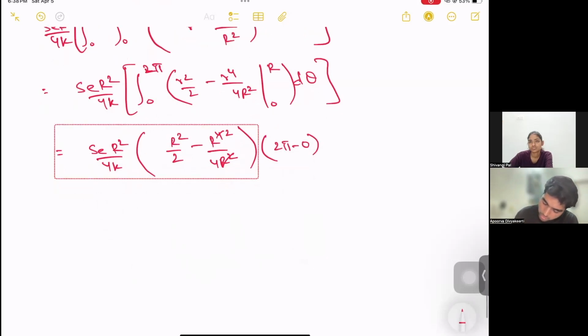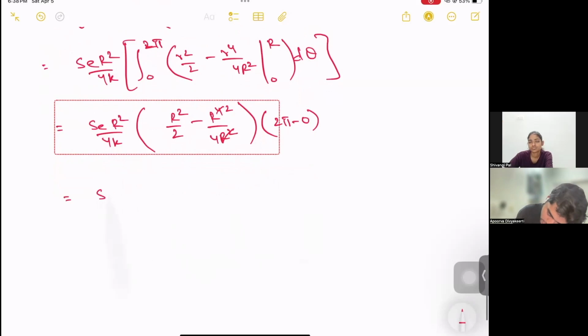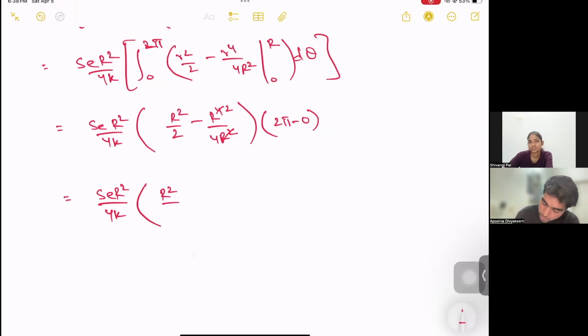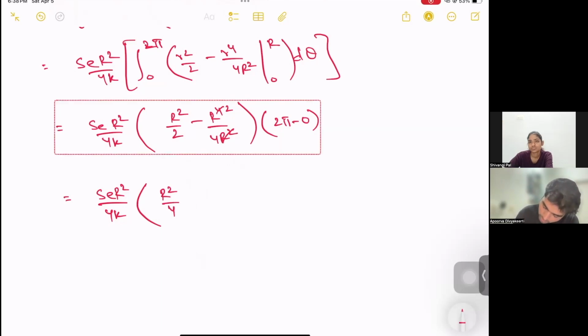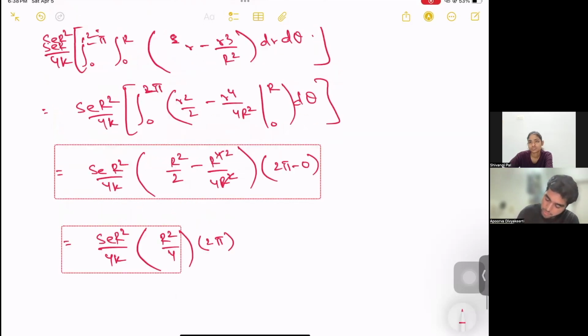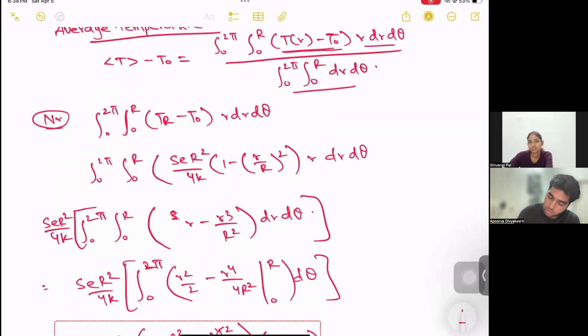So it equals S E R square by 4k into R square by 2 minus R square by 4, which is basically R square by 4, into 2 pi.